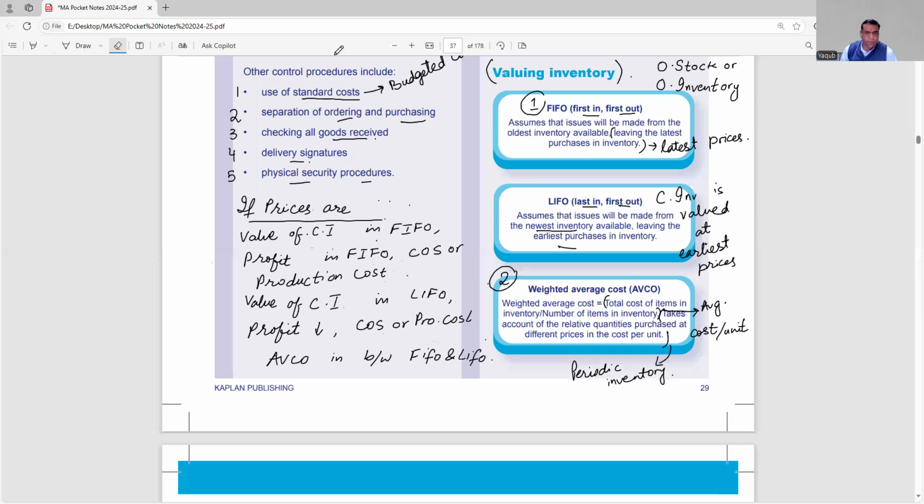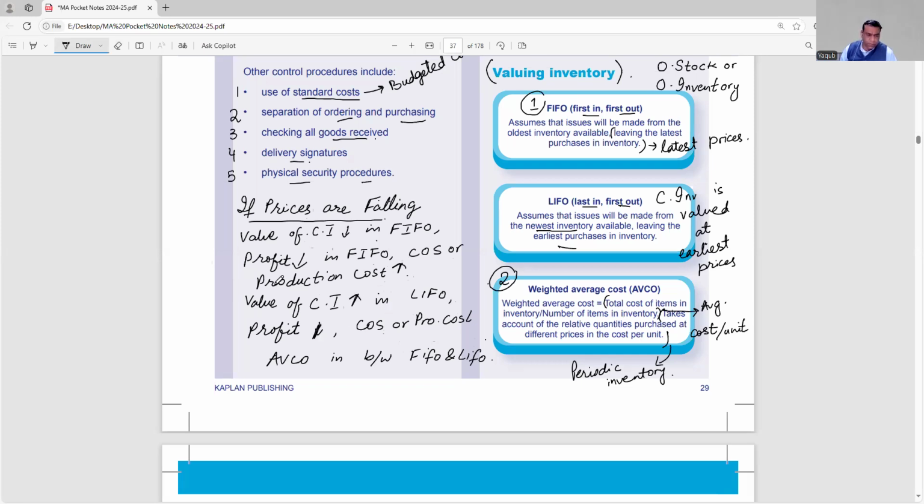Other situation is if prices are falling, then value of closing inventory will be lowest under FIFO. When closing inventory is lowest, profit is also lowest. Cost of sales or production cost will be highest. Whenever prices are falling, value of closing inventory under LIFO will be highest.